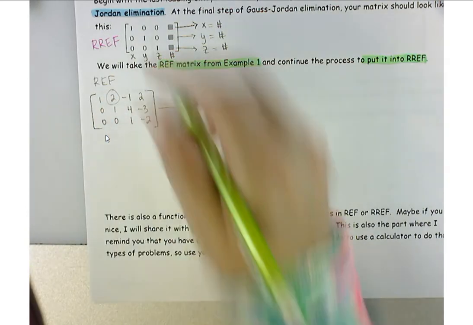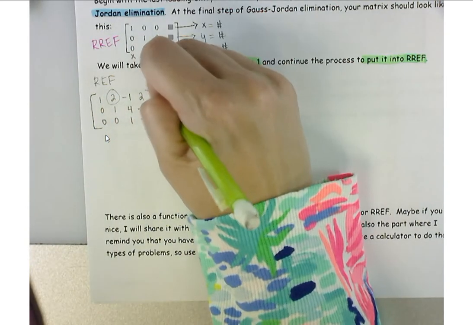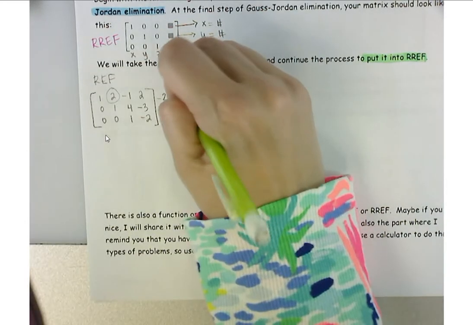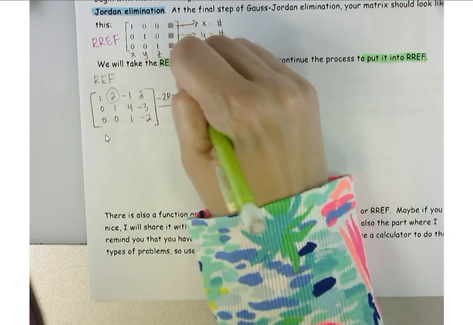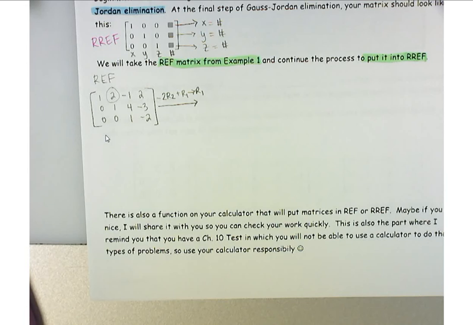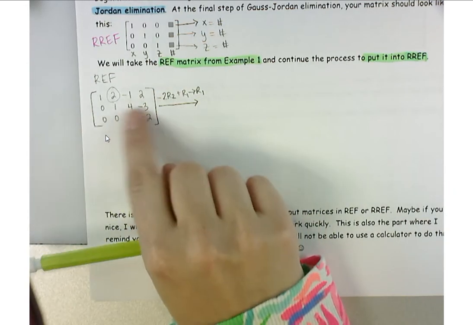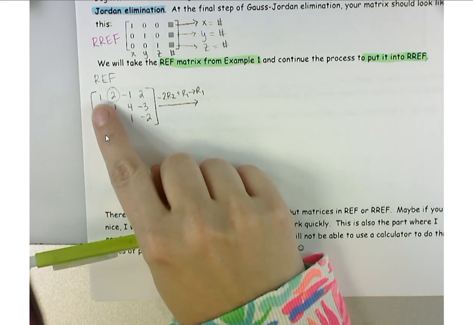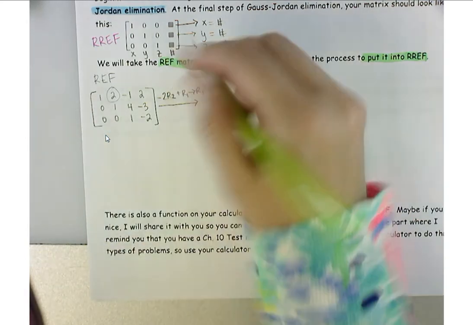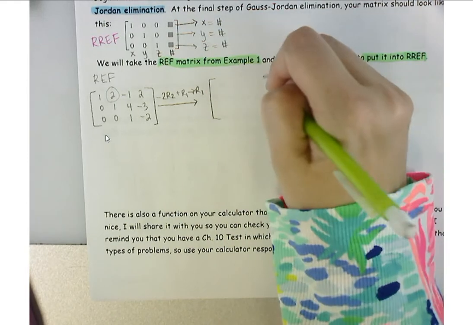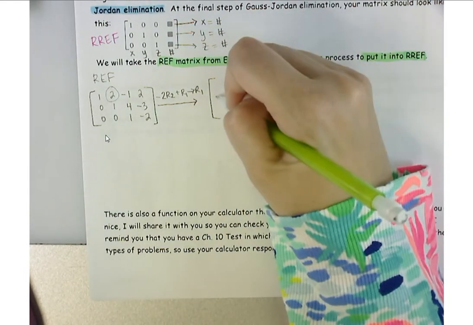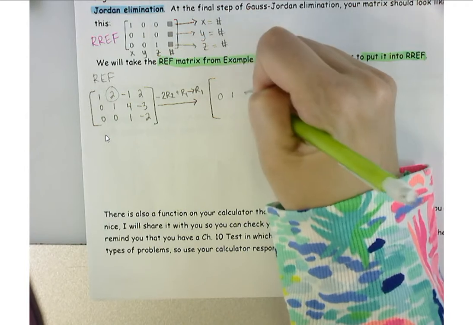So I'm going to multiply row 2 by negative 2, add it to row 1, and put that in as my new row 1. The reason you always want to do this one is that when you add 0 to something, it's not going to change it. It stays the same. So my bottom 2 rows are going to stay the same.